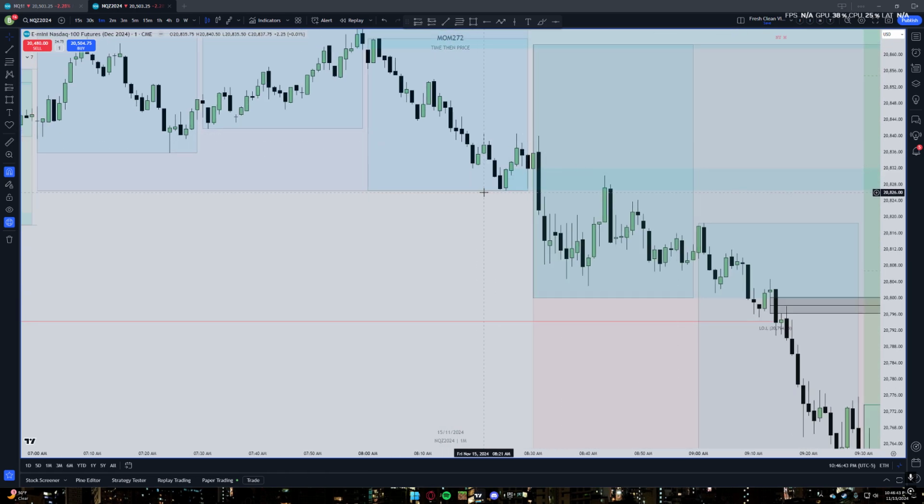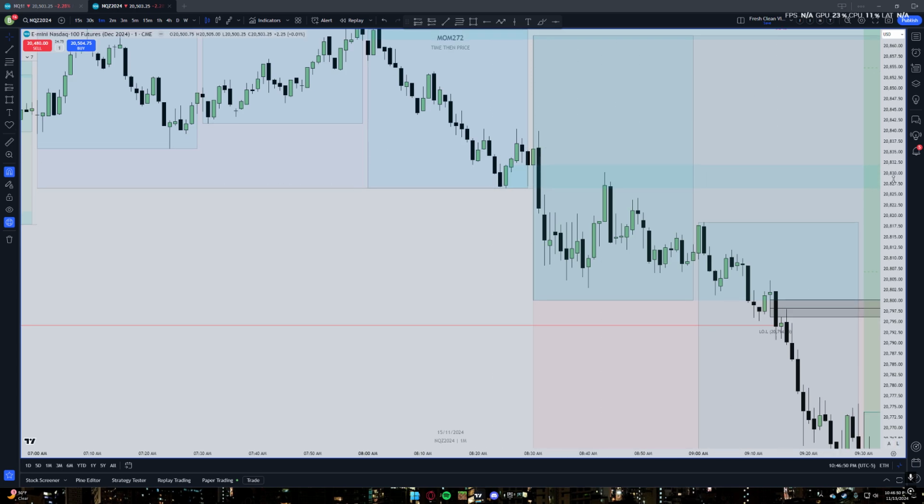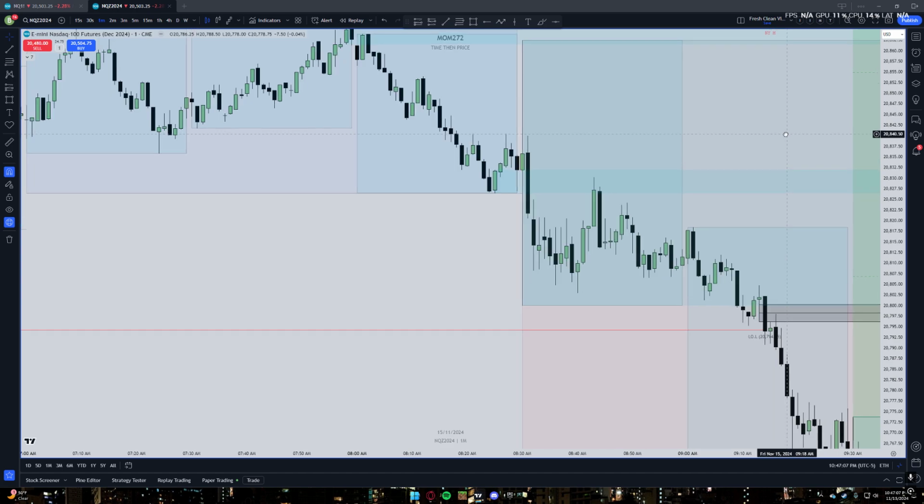Okay, let me say this. Order blocks are way less strict than fair value gaps. Order blocks are situational, that's how I'd say it.